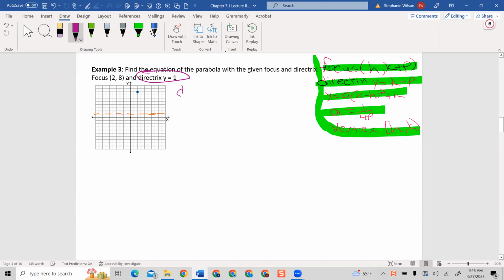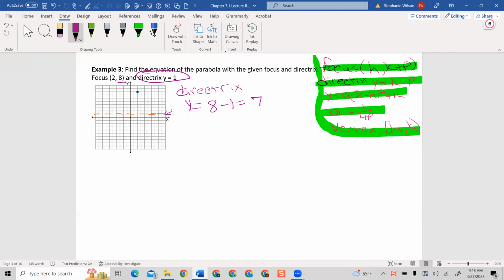So if I was to do it first, I know that I'm going to take the y value from my focus, right? And subtract my y value right here that was given to you. Now I know that it's 7 units. That's my directrix. There's 7 units.